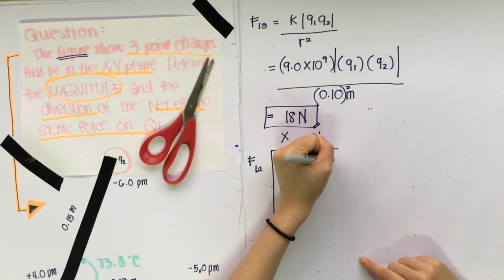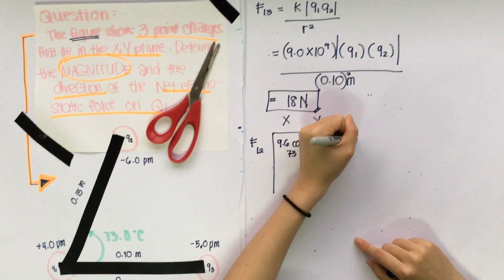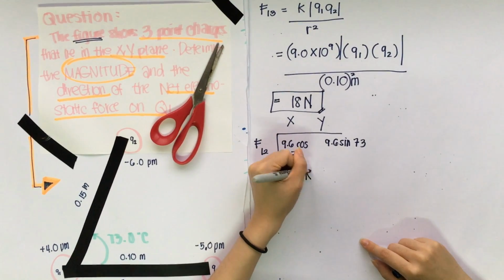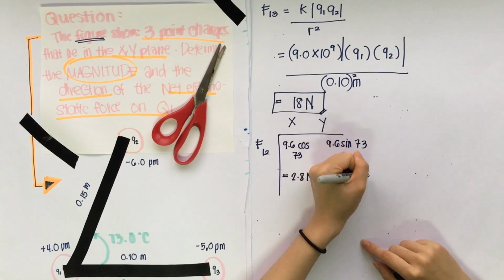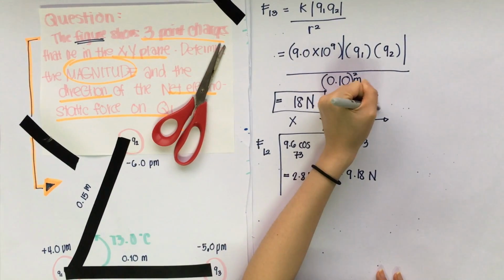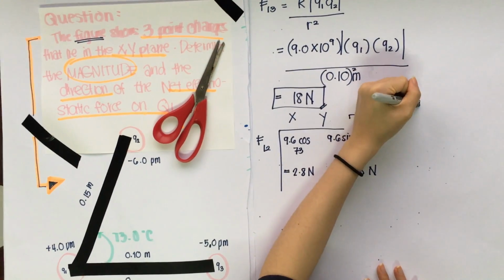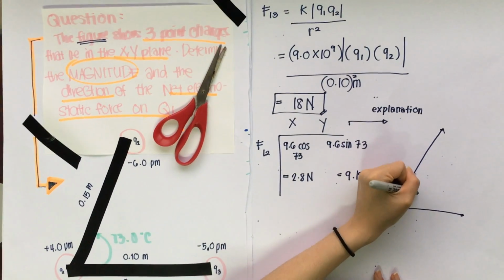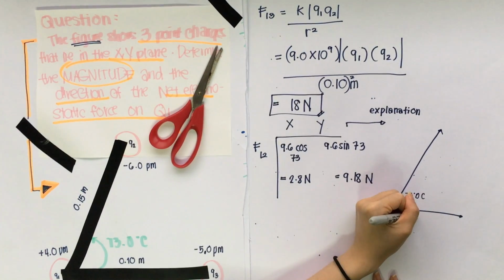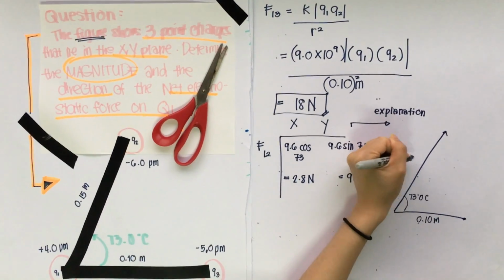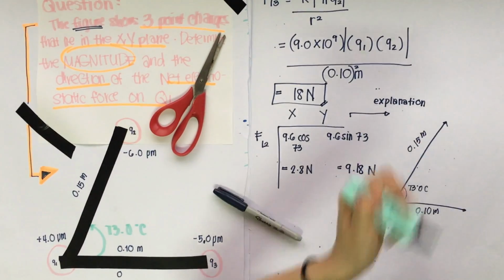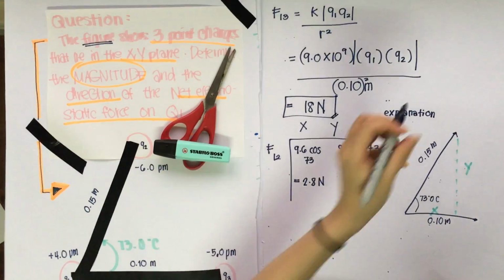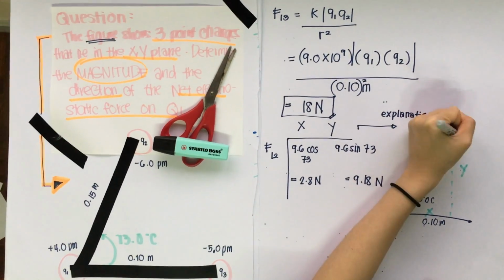So we have 9.6 cos 73 for the X and 9.6 sin 73 for the Y. Correspondingly, we have the answers 2.8 for the X and 9.18 for the Y. For further explanation, I'm going to draw the figure right here on the right. We have the corresponding meters, the Y plane, and the X plane for you guys to understand better, for the visual learners.